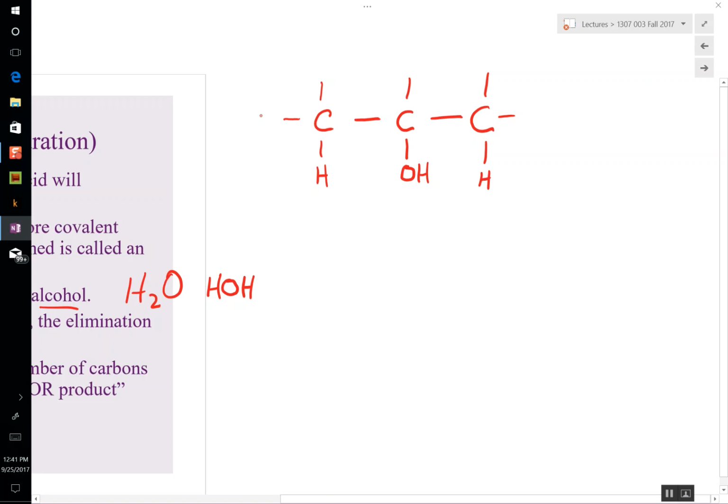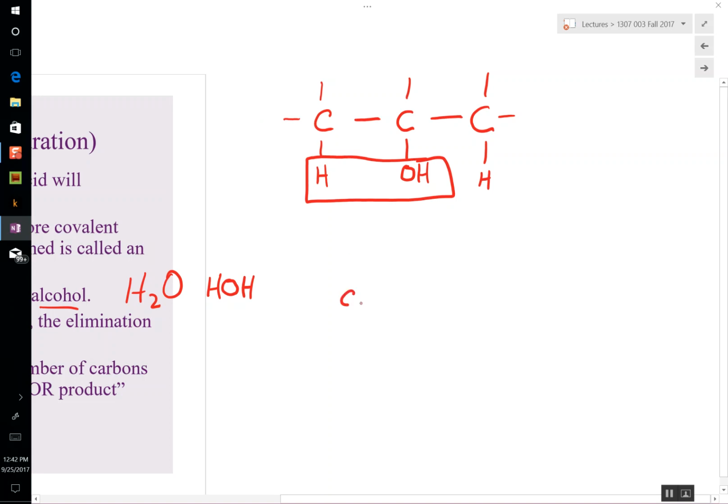They are the hydrogens adjacent to the OH. They are the only hydrogens that are accessible to that OH group to remove as a water molecule. So dehydration of an alcohol involves removing a water molecule.